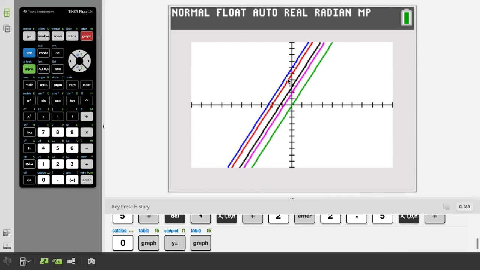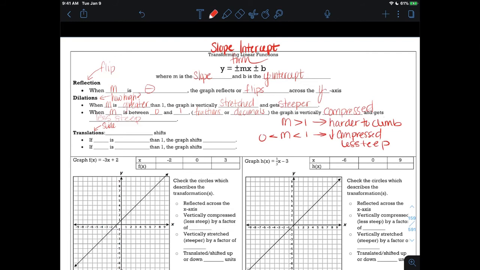They're all perfectly the same. It looks like somebody just grabbed the line and moved it down. They didn't change the steepness. They just took the line and slid it down. So what does that mean? Well, that means that we have vertical shifts, meaning up, down.